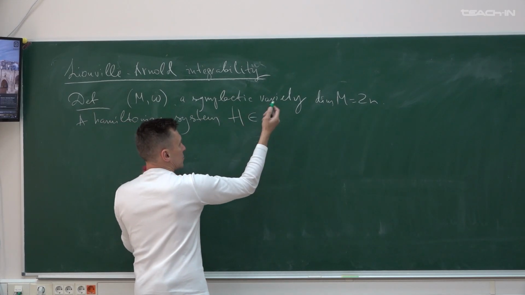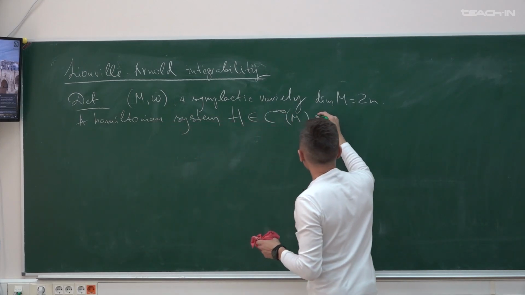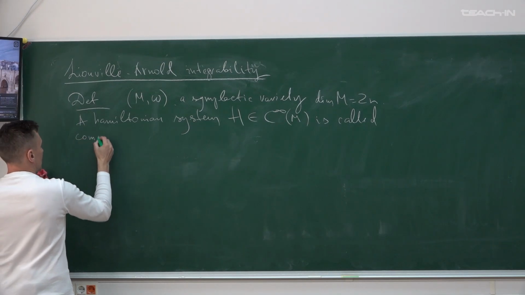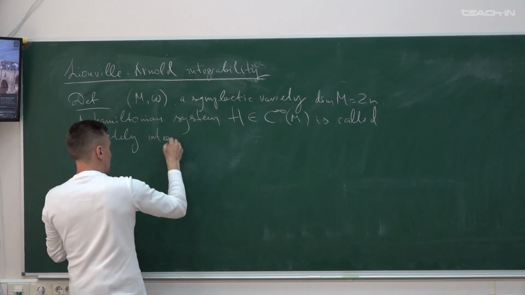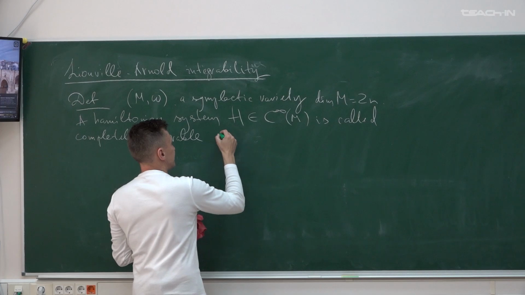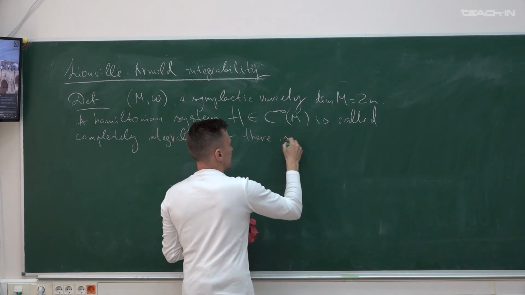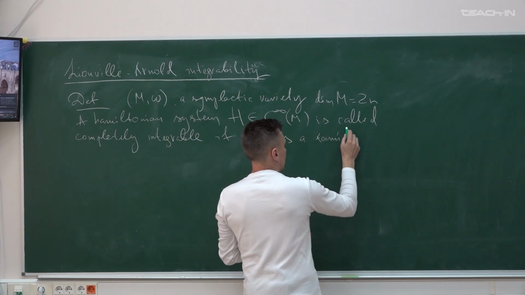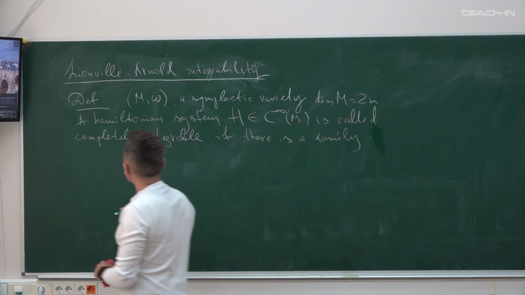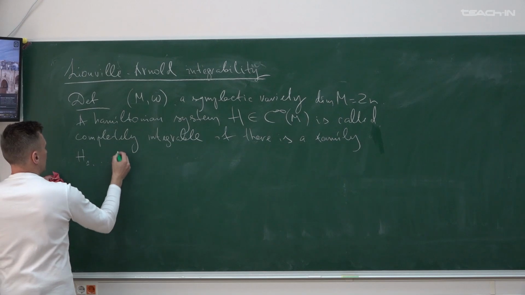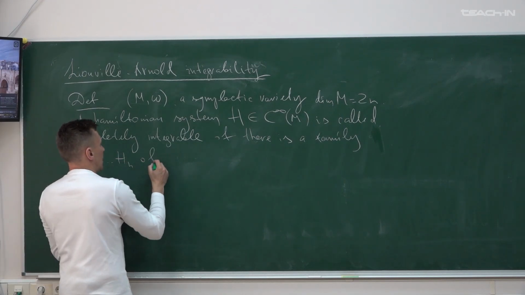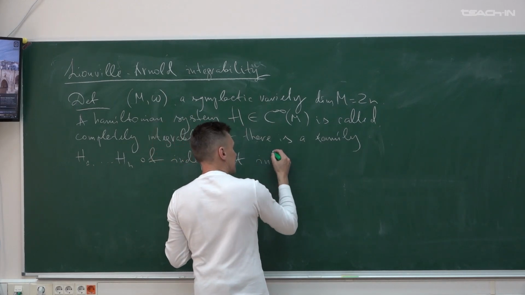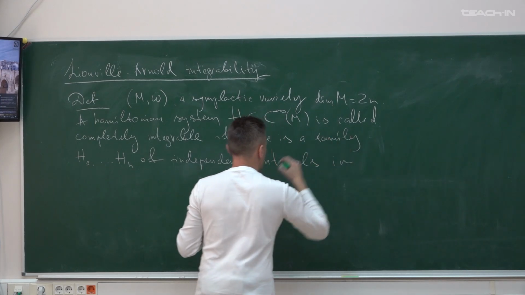You see, the Hamiltonian system is related with a function. It is called completely integrable if there is a family H1, ..., Hn of independent integrals in involution.